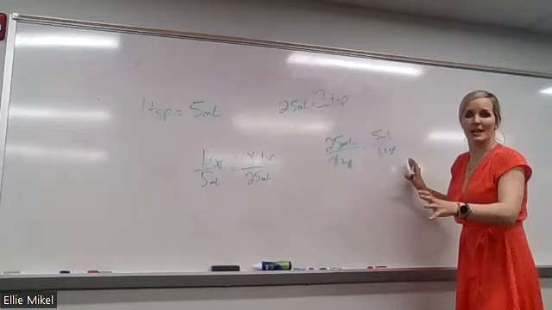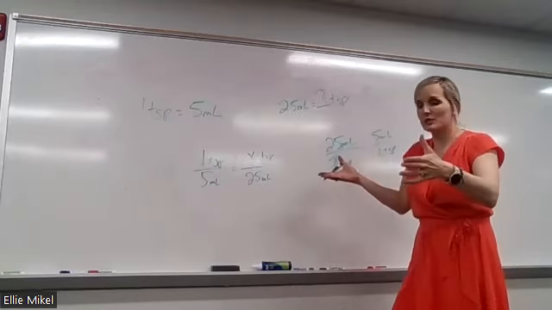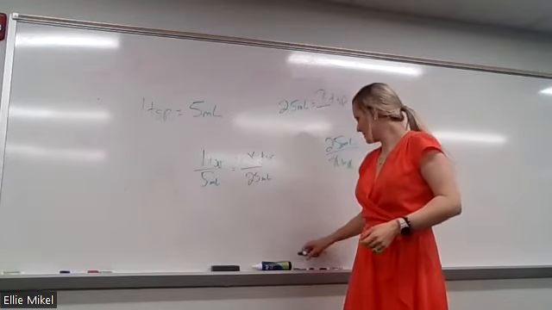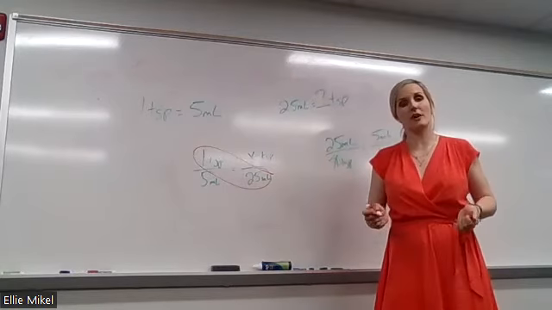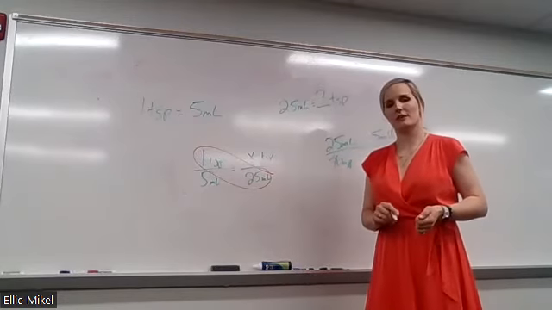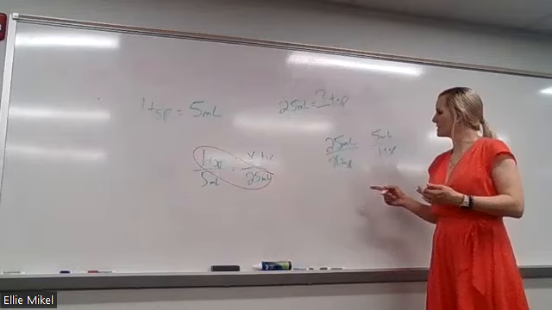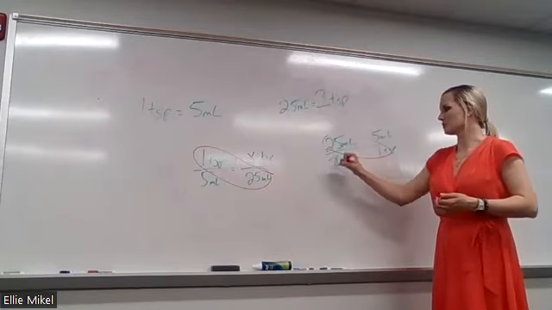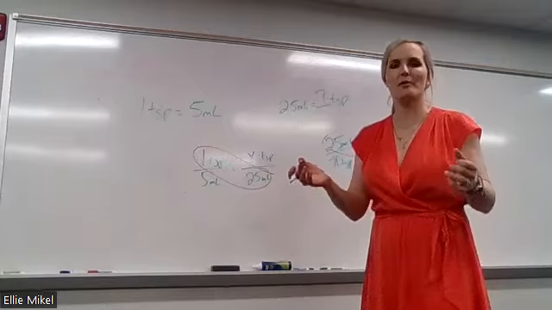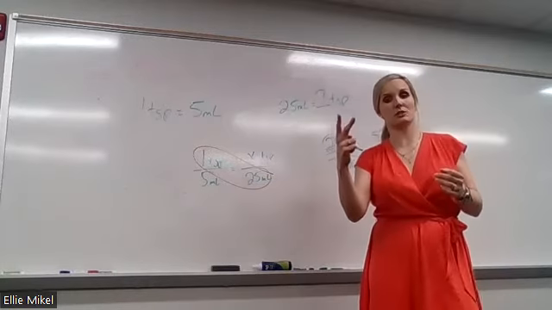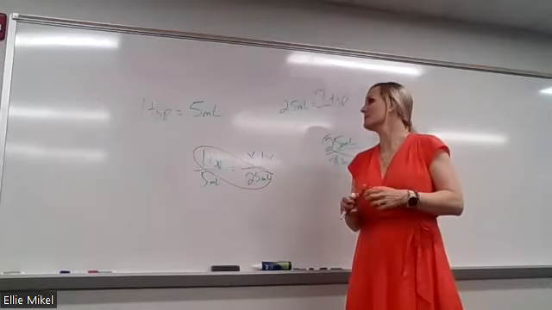No matter how you set it up, think about how we solve this. Wherever X is, we're cross multiplying the opposite side. So in our case here, 25 times 1 and dividing it by 5. Even if I set it up this way, since X is set up here, it's 25 times 1 divided by 5. It doesn't matter how you set it up, as long as 2 things are being done.